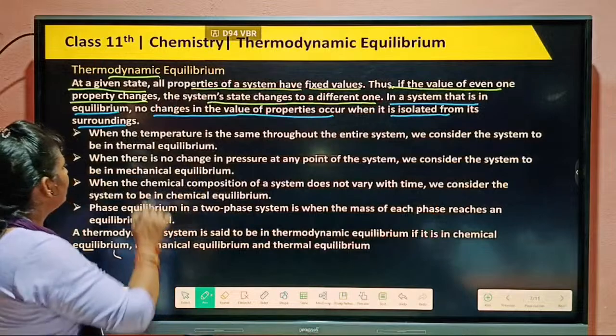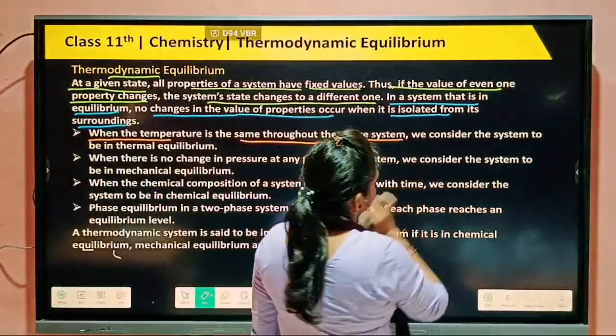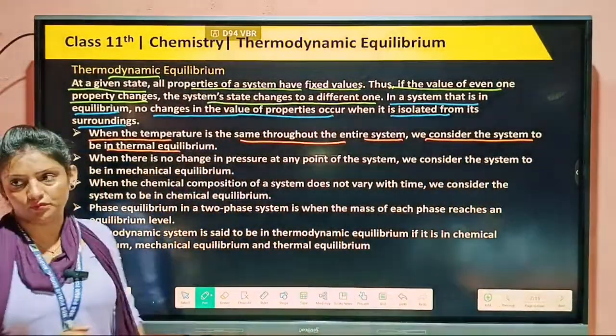Then students, when the temperature is the same throughout the entire system, we consider the system to be in thermal equilibrium.